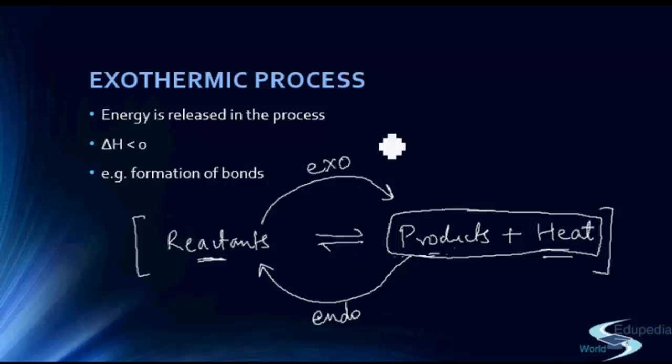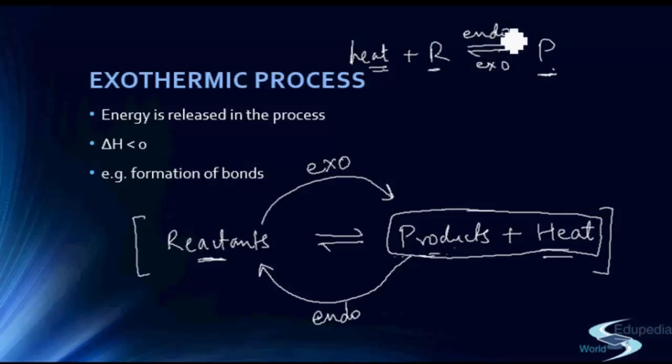Likewise, if I have an endothermic reversible reaction, it means that it is endothermic in the forward direction. That is, when reactants form products, they are absorbing heat. This is what an endothermic reversible reaction will look like, which also means that in the reverse direction, that is in the backward direction, my products are going to form reactants by releasing some heat, and hence it is exothermic in the reverse direction.